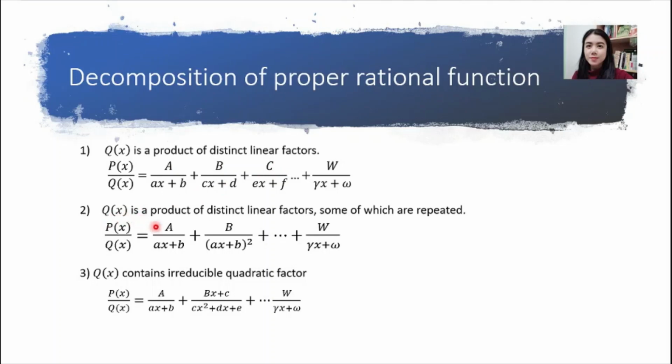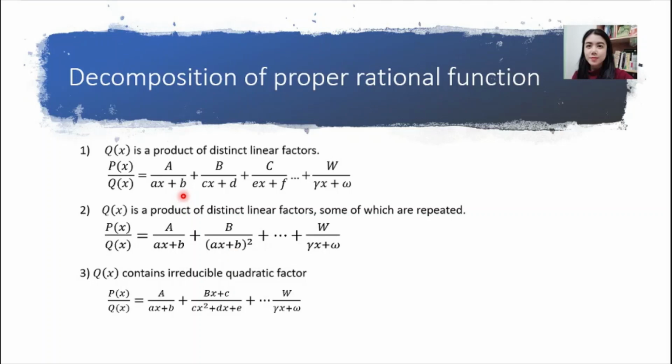For the second case, Q is a product of linear factors, but some of them are repeated. For instance, ax plus b is one of the factors, and we see ax plus b again here, so it repeats.